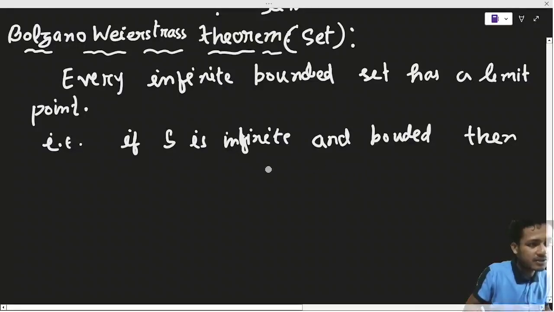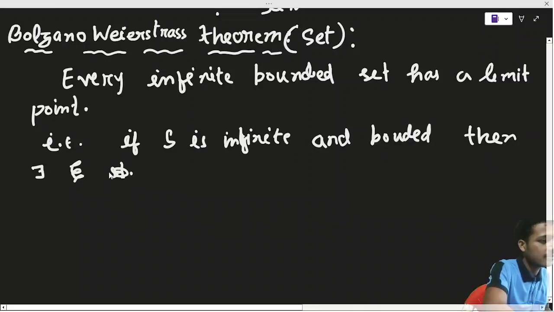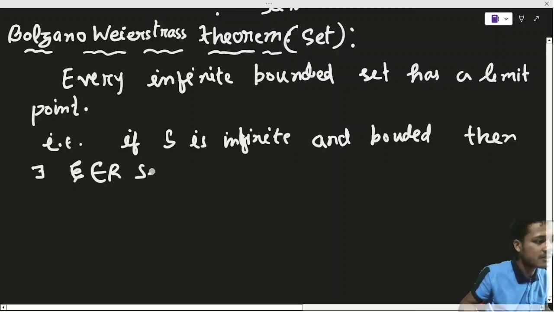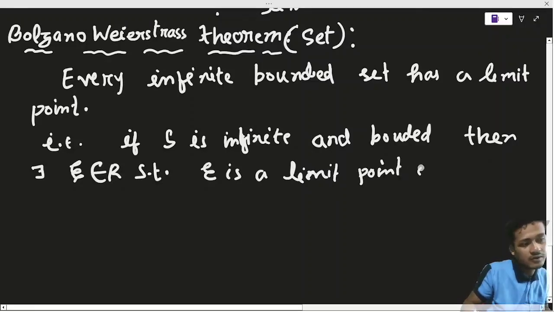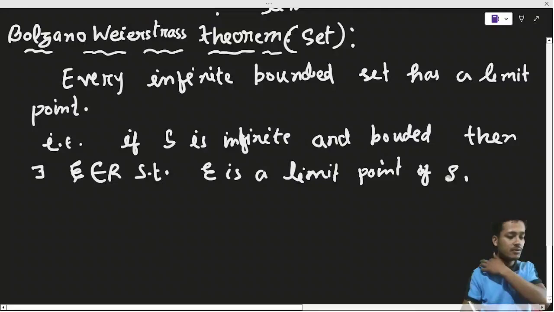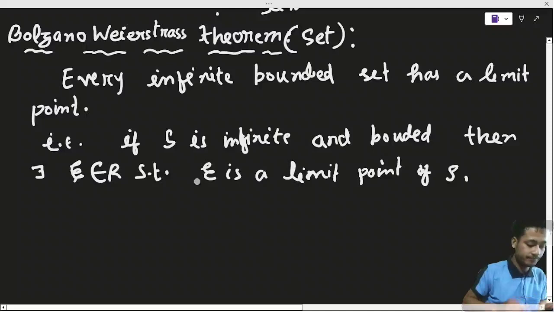If S is an infinite bounded set, then there exists psi which is a real number, psi जो है ना वो एक real number है such that psi is a limit point of S. Okay, psi is a limit point of S. तो ये हमें दिखाना है.